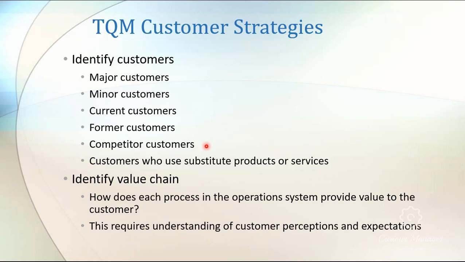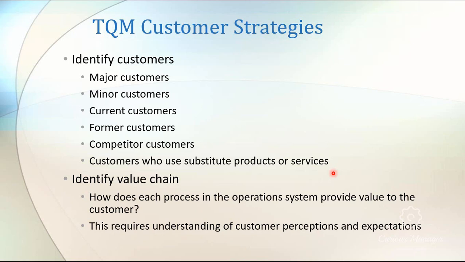The competitors' customers, this is how you figure out how your product attributes align with what your competitor offers. This is where the Kano model kind of aligns with your customer satisfaction here. And then customers who use substitute products or services. Don't forget, customers only know what they're offered. So for you to understand fully what they expect from your product, it's nice to know what they expect from substitute products or services as well, so that you know how to add value based upon how the Kano model works.